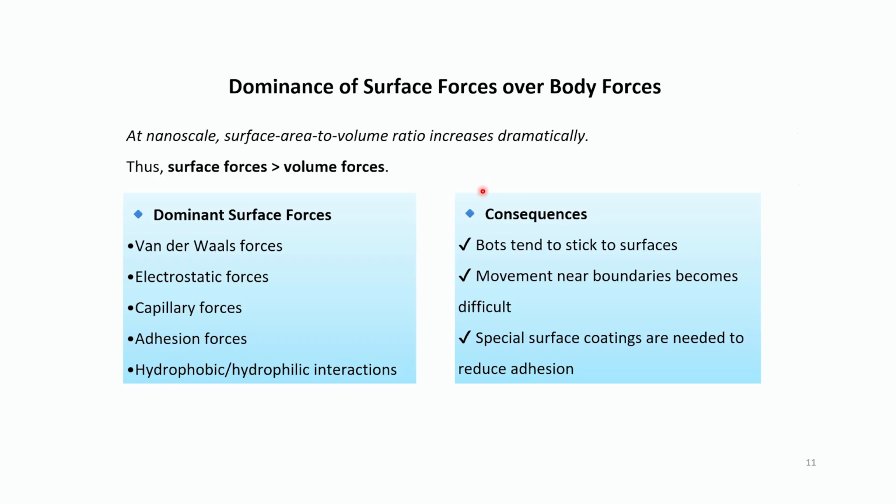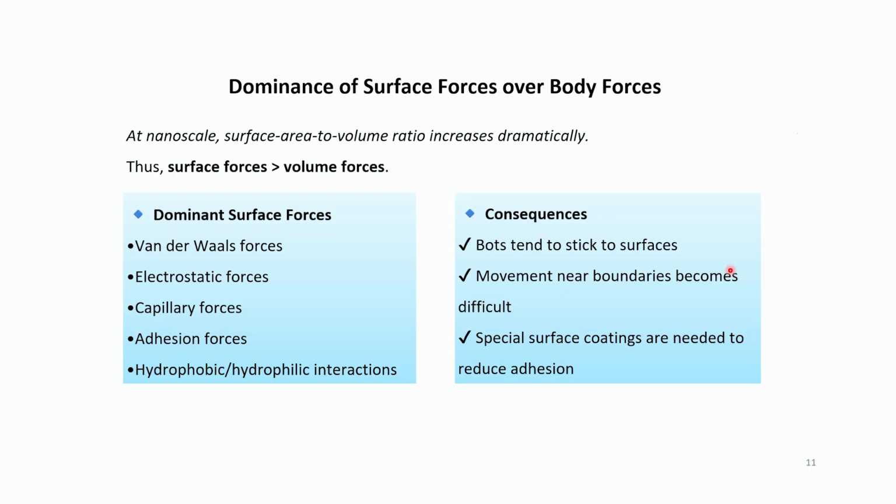So what are the consequences of the dominant surface forces? Basically, bots tend to stick to surfaces. The dominant surface forces can also cause, for example, curdling of milk. The hydrophobic forces force the milk to form the curd. That is how bots are going to stick to surfaces. This will be the consequence of the dominant surface force that we need to counter.